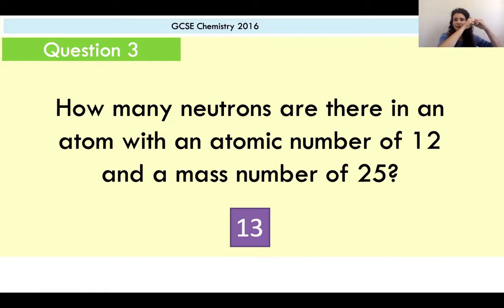It's asking us how many neutrons, so we just need neutrons. We know that the protons is 12 because that's the atomic number and they've given that to us. So we need to take the whole number, take away 12, and that will give us just the number of neutrons. So that'll be 13, because 25 take away 12 is 13.